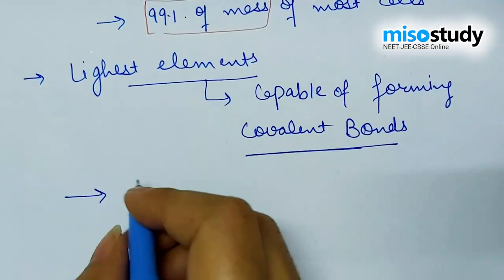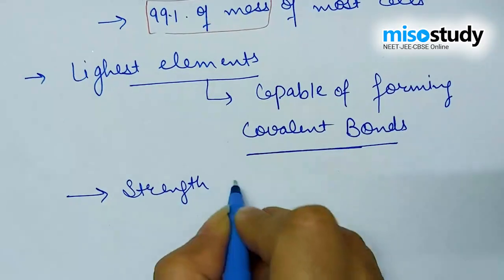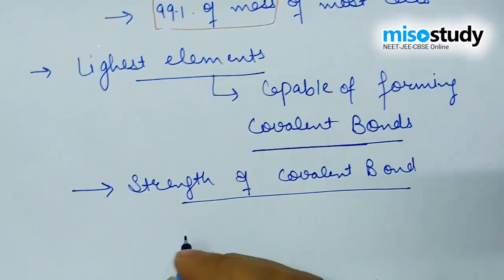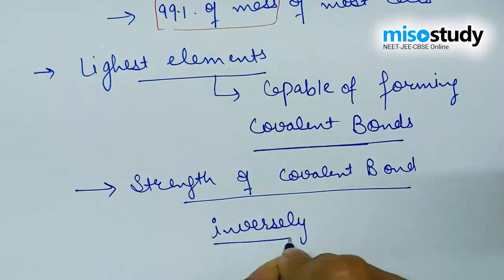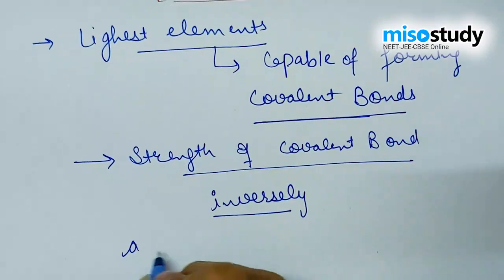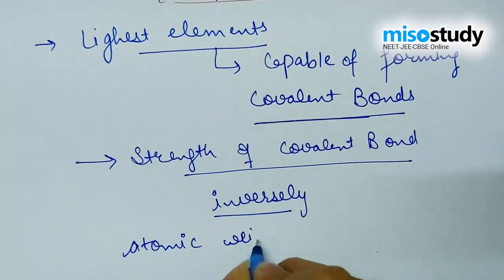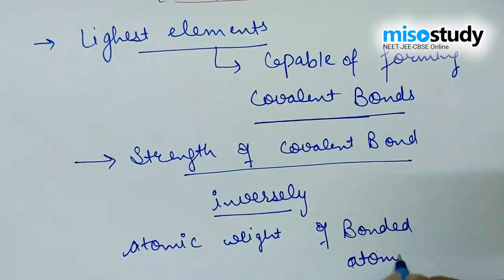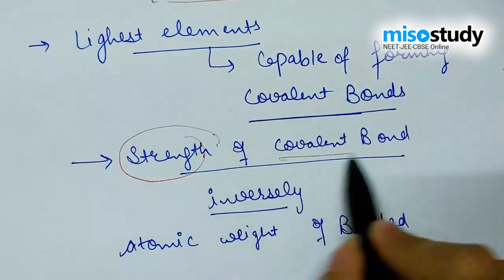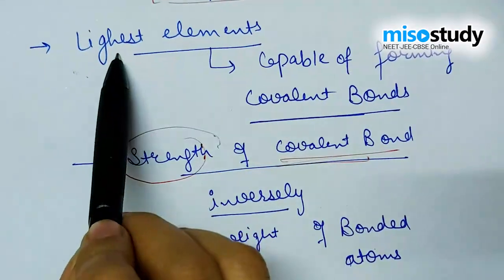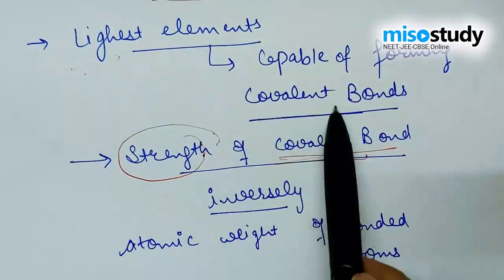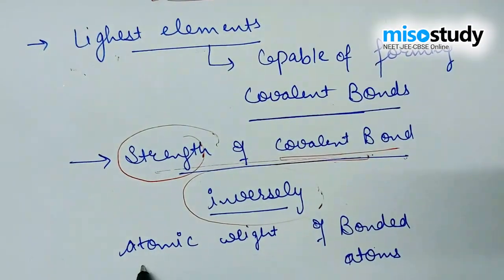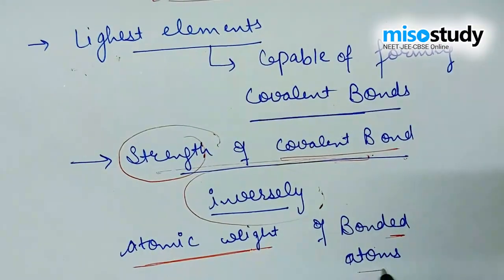It is known that the strength of a covalent bond is inversely proportional to the atomic weight of the bonded atoms. When we discuss the strength of the covalent bonds present between the light elements, the four we are discussing in this chapter, the strength of these covalent bonds is inversely related to the atomic weight of the bonded atoms.